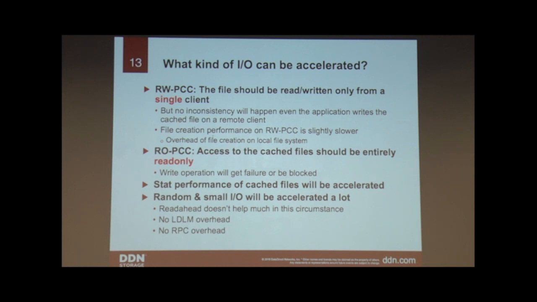If the file is being accessed by multiple clients, then it is not proper to put that data into PCC, right? There will be no consistency problem if you try to do that. The performance will be bad, but there will be no problem caused by that.